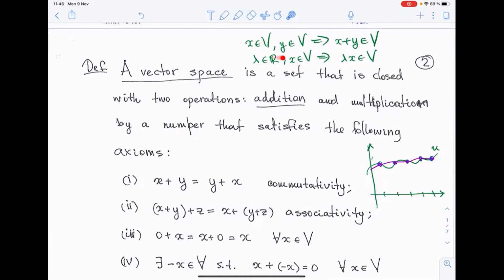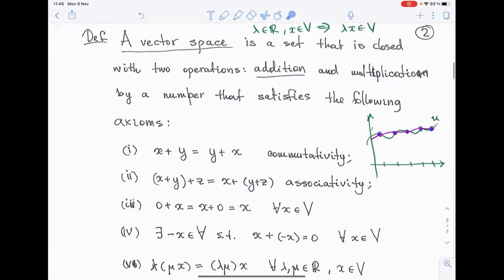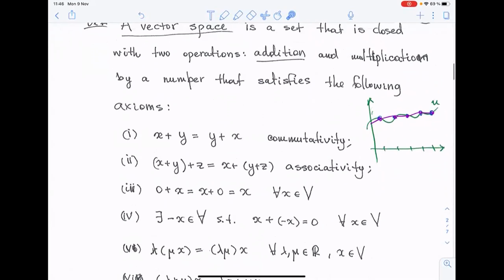So once you close this space under these two operations, you have to define several axioms. For example, if X plus Y is an element of that box, what happens to Y plus X? So a vector space has 8 axioms. These are the following.